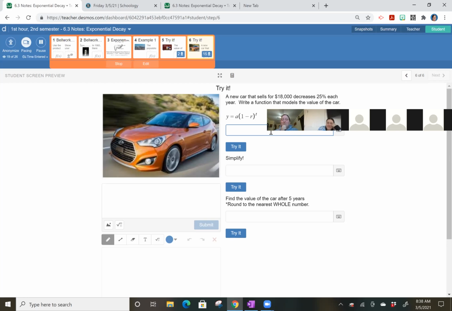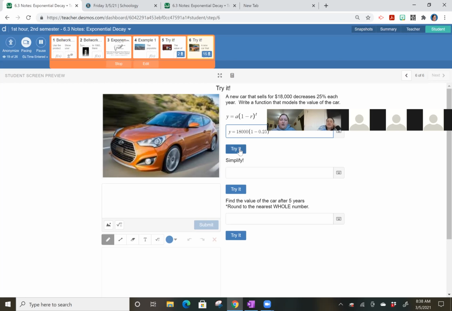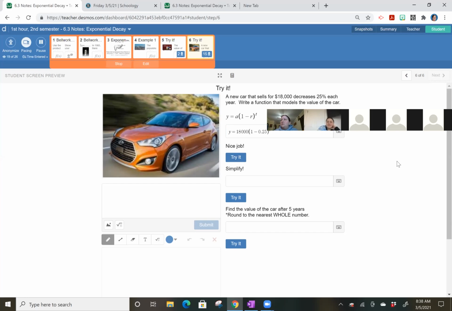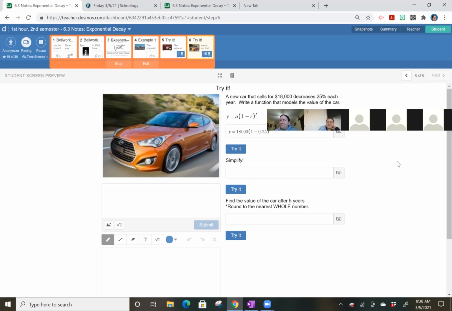All right, so can somebody give me the equation that they put in for number 1? I put y equals 18,000 parentheses 1 minus 0.25, then close parentheses, then a t. All right, cool. Awesome. It stays wrong for me though.